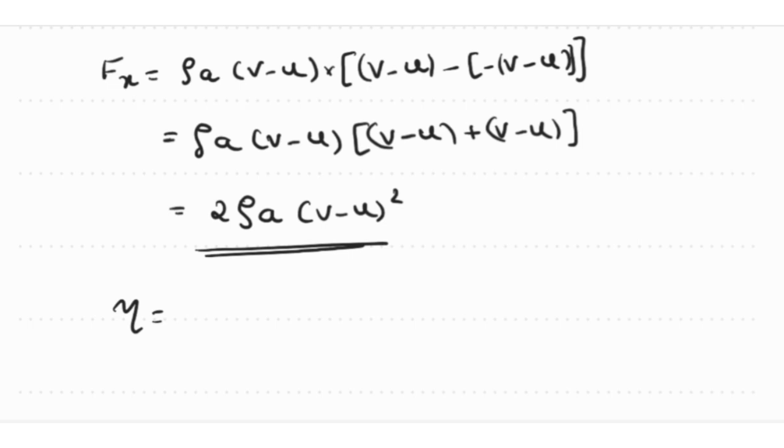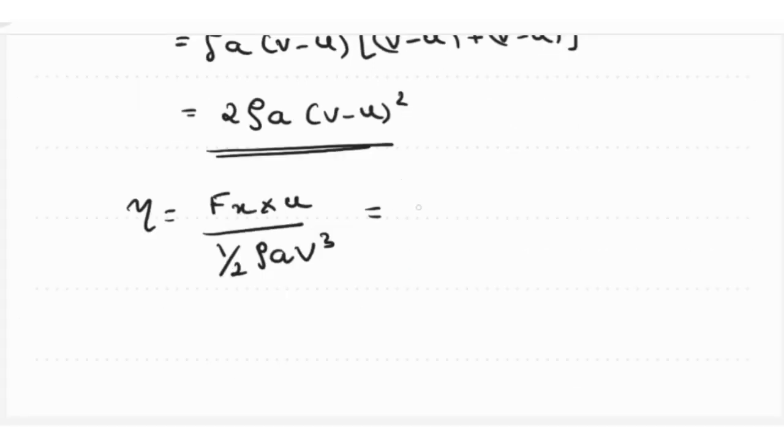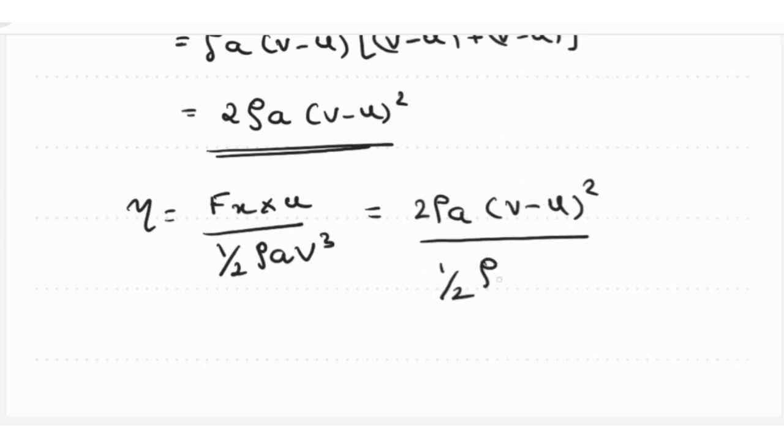Coming to the efficiency, we'll substitute the value. Efficiency is equal to Fx into u, that is the output of the jet. Input of the jet is kinetic energy, so half into rho into a into v cube. So it equals 2 rho a v minus u whole square into u, divided by half into rho a into v cube.